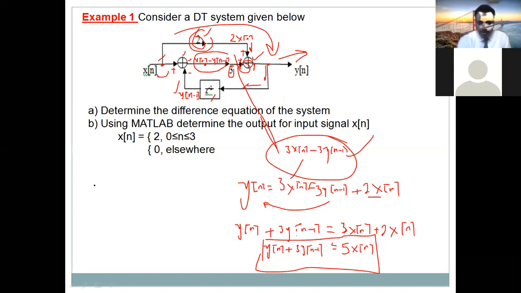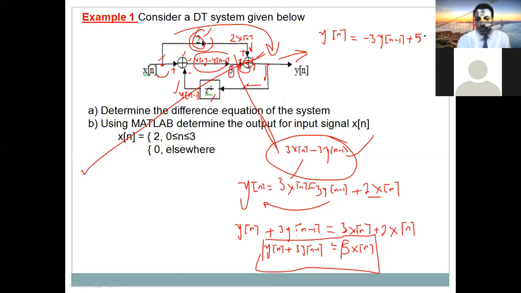So what will be the output? y of n, for this system, is equal to, if you take this on the other side, minus 3 y of n minus 1, plus 5 times x of n.